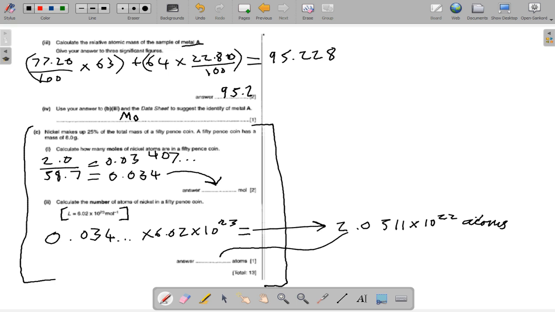So that answer goes in that answer line there, and that's a mark, and that is 2 marks for realising that 25% of 8 is 2, and then working out the moles. This one is just timesing that number by this number, and then getting another number.